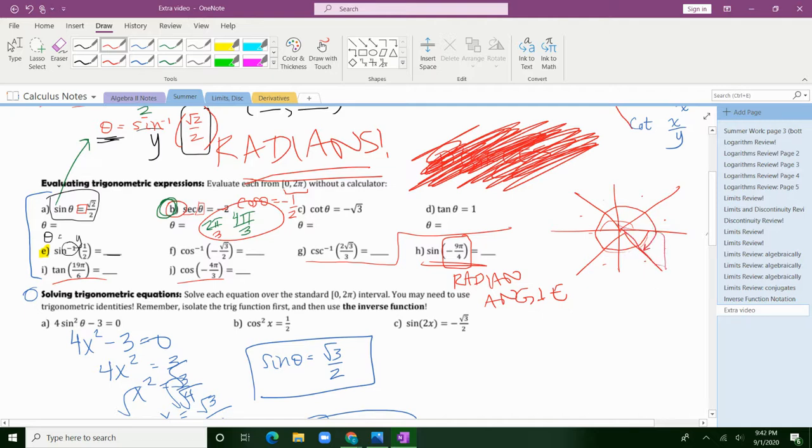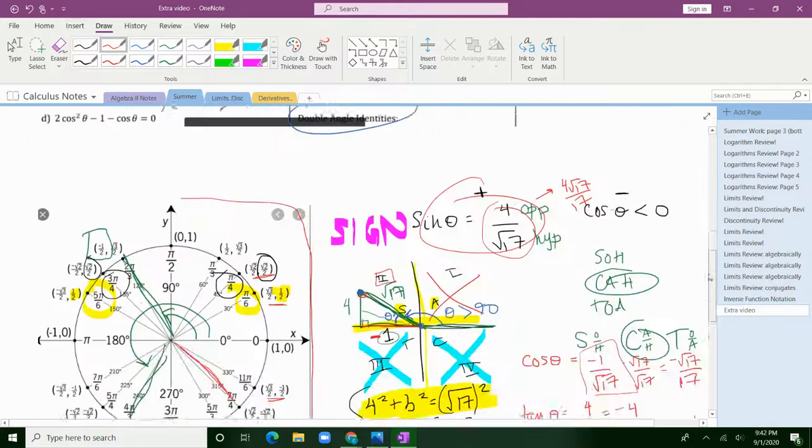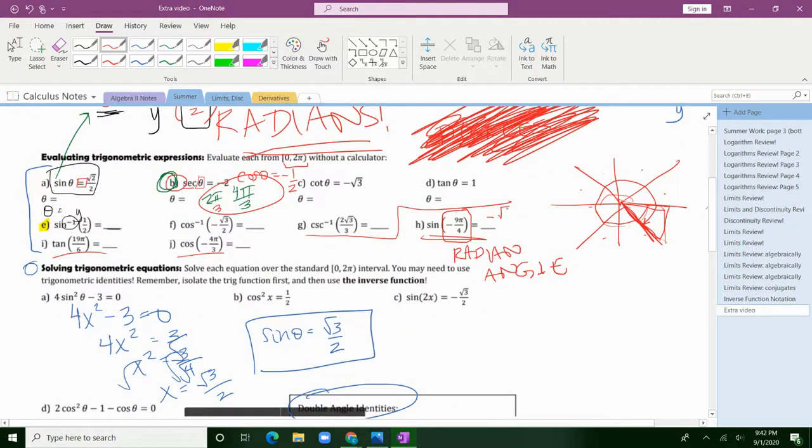So here is my triangle. Negative 9 pi over 4 is the same as this angle on the unit circle, which is, ta-da, 7 pi over 4. And what did I want on that one? Was it sine? Yeah, sine of that. That's the y value, negative root 2 over 2. So I'm giving part of an ordered pair.